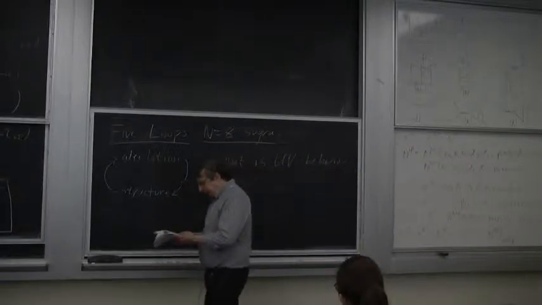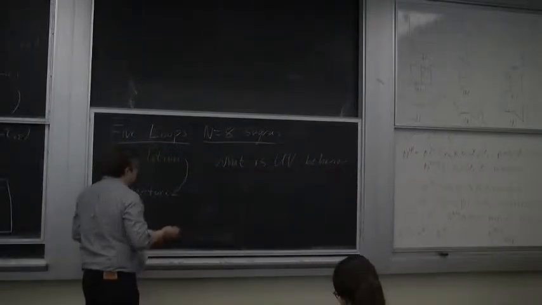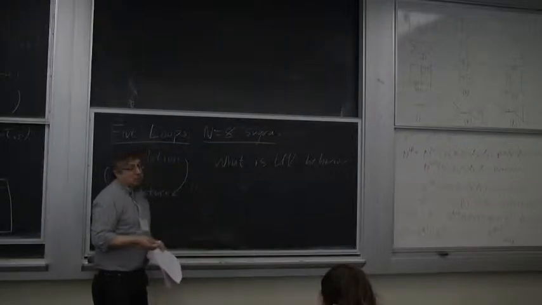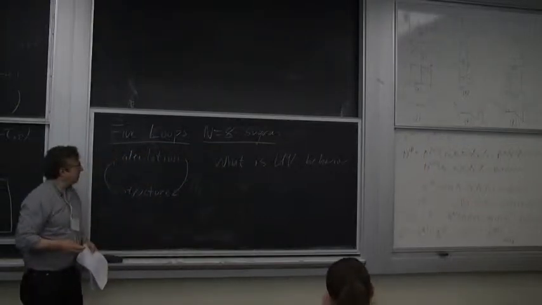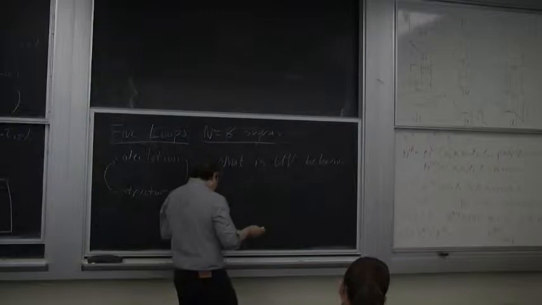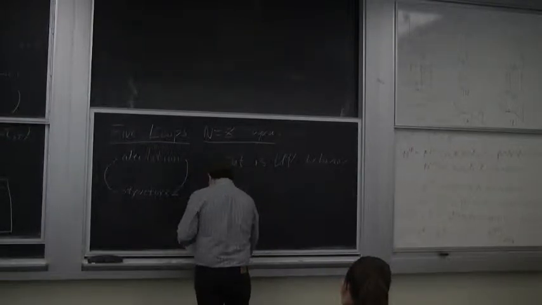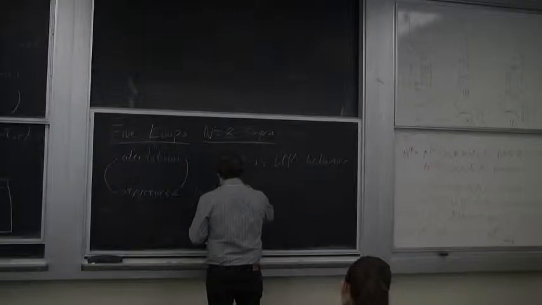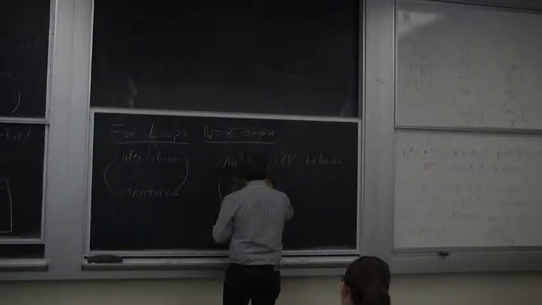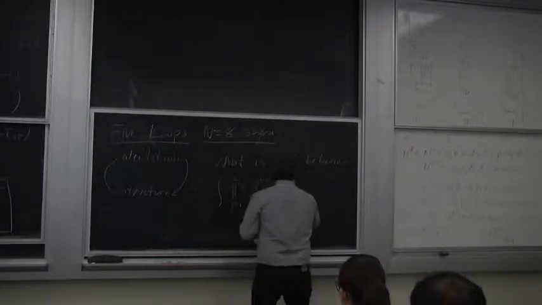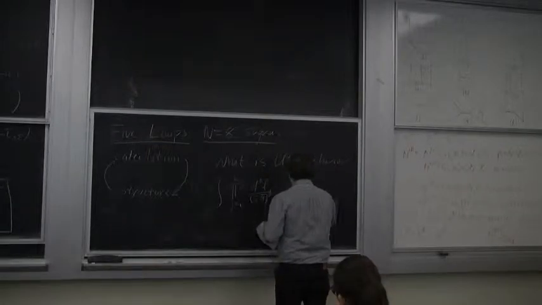So if you attack the problem kind of naively, you'll say, well, it's kind of obvious. It's going to be badly behaved at some loop order. And the argument for that is pretty simple. If you have a loop calculation, some kind of a loop diagram, and we're going to do it in Yang-Mills.